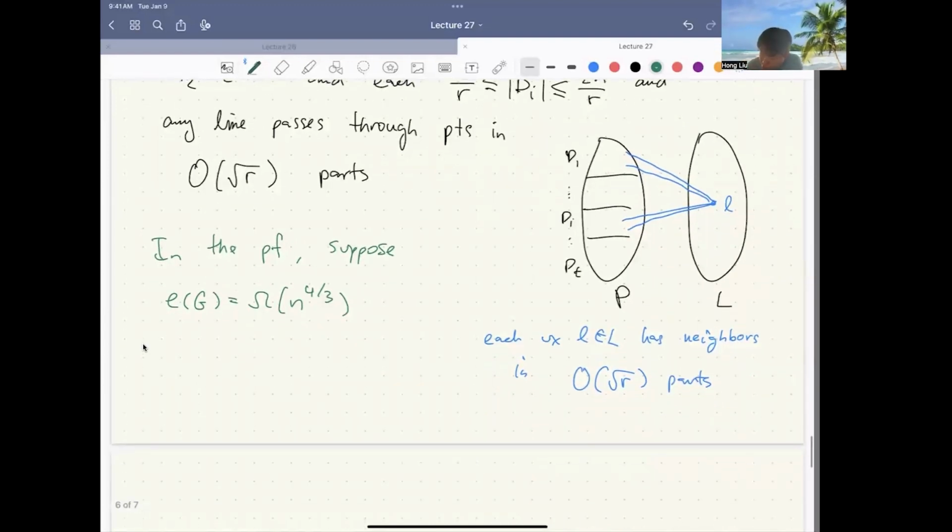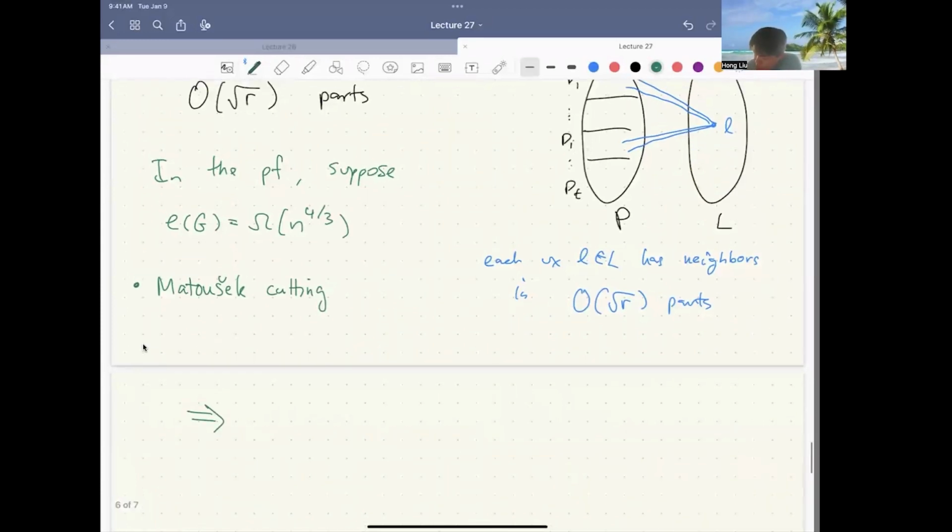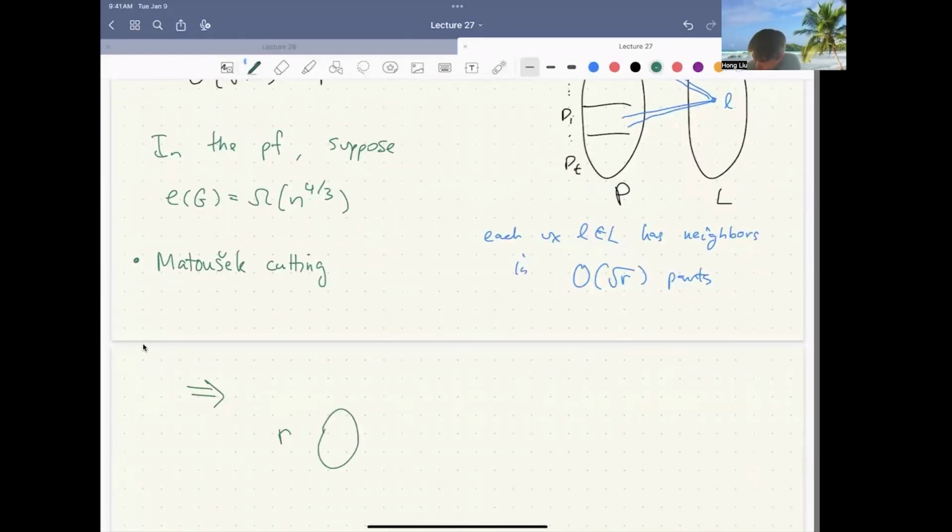Then we will use Matoušek's cutting, the first thing, to zoom into some part Di and some subset of lines L prime, such that Di is roughly of size n to the 1/3, and L prime is roughly of size n to the 2/3.